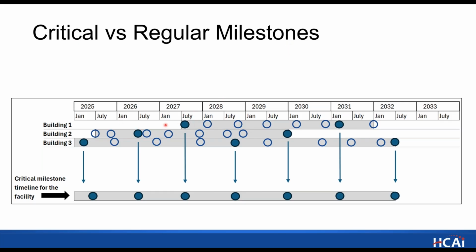So for example, your building 1 has these 10 milestones, and you look at each of these and say, okay, I'm gonna choose critical milestones that will identify some major items in each building, and then for the whole facility, these will be the critical ones that we will also track.